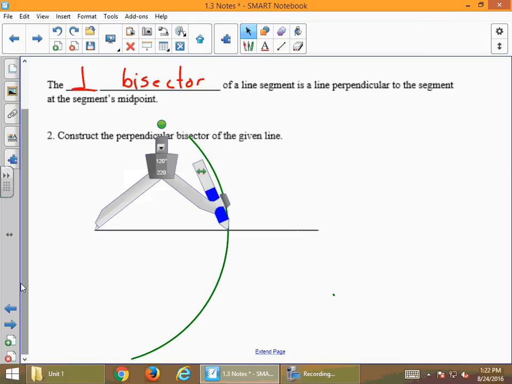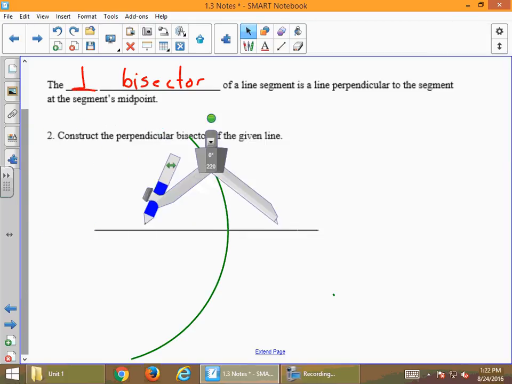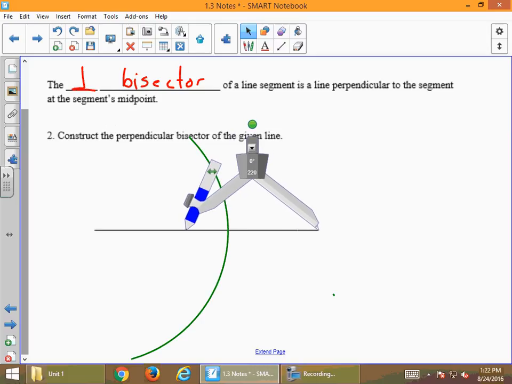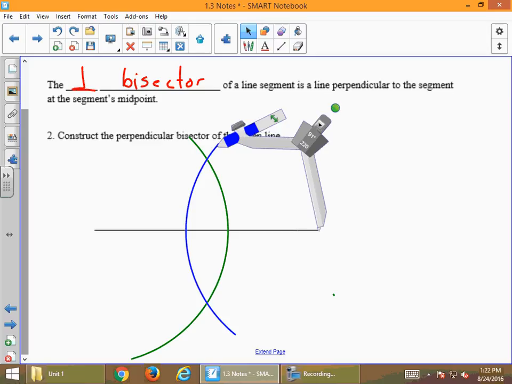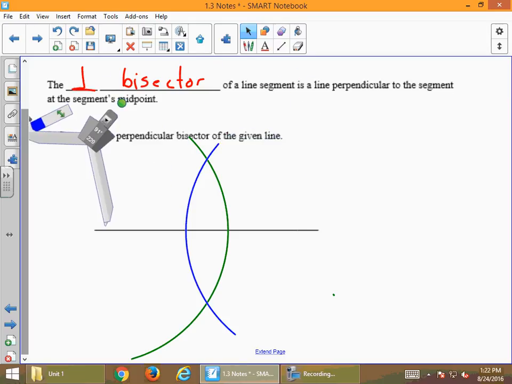Do not adjust your compass. Go to the other endpoint and make that new semicircle. Okay, we're done. You see where they intersect above and below the line? You take your straight edge and you connect it.